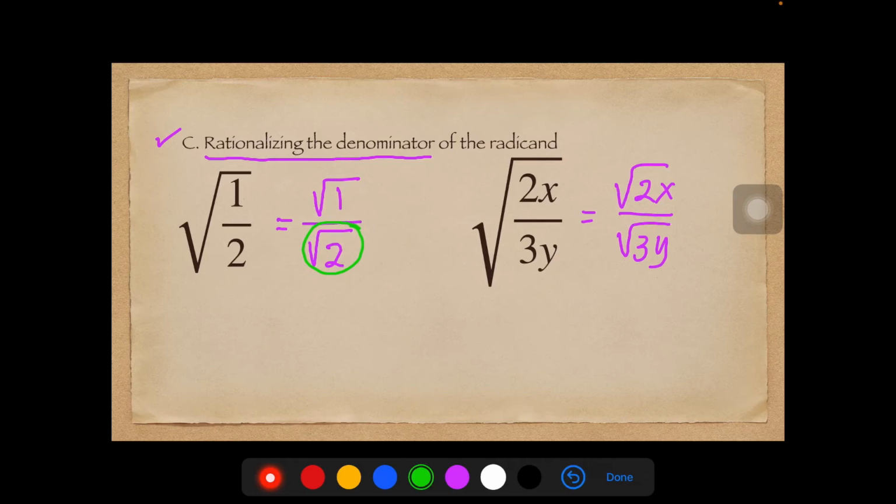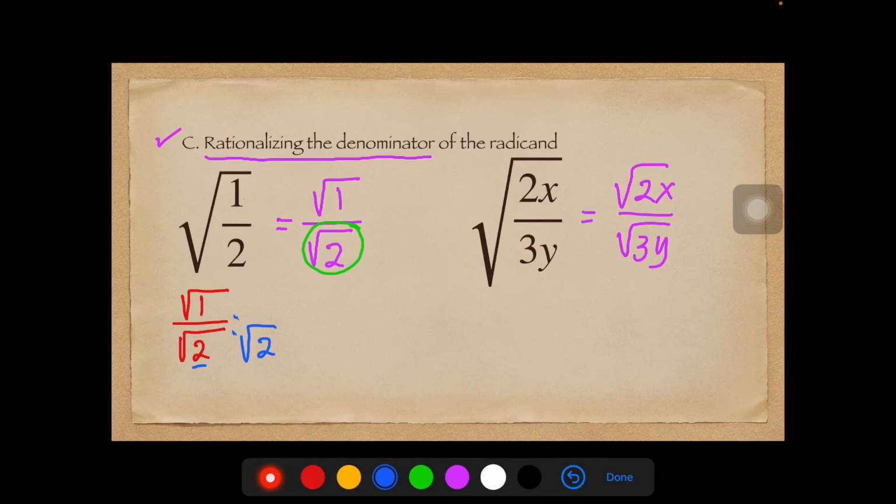Let me write it here: square root of 1 over square root of 2. We are going to think of a number that can be multiplied to 2 so that it will become a perfect square. There are so many numbers that can be multiplied here, but we come up with the simplest one, which is square root of 2.